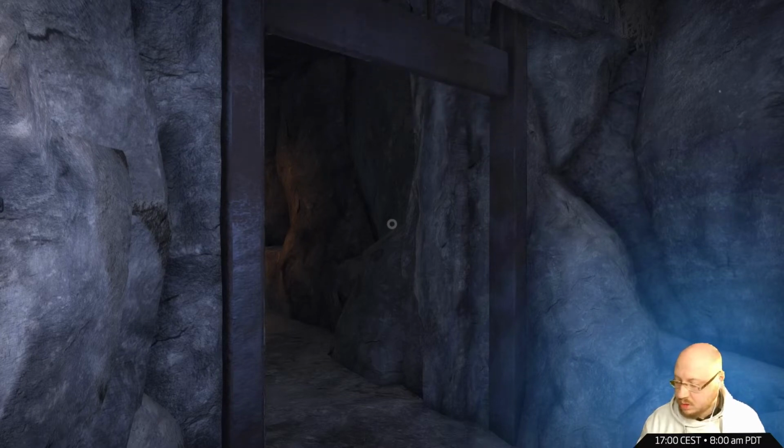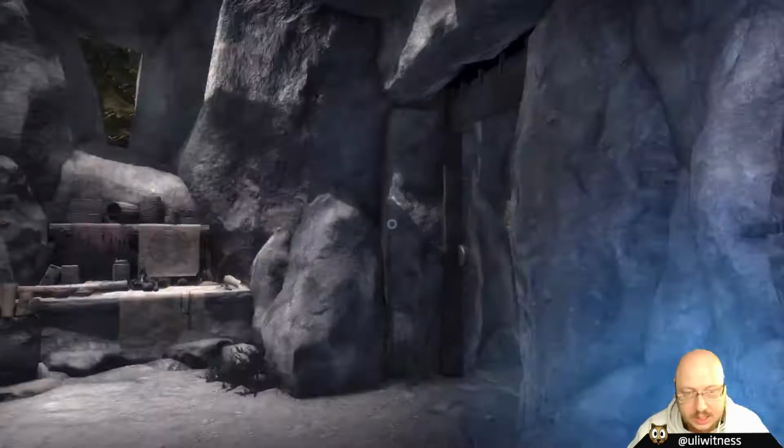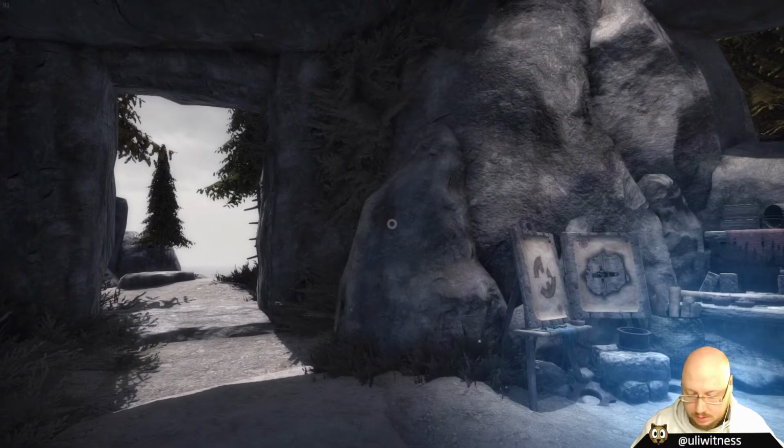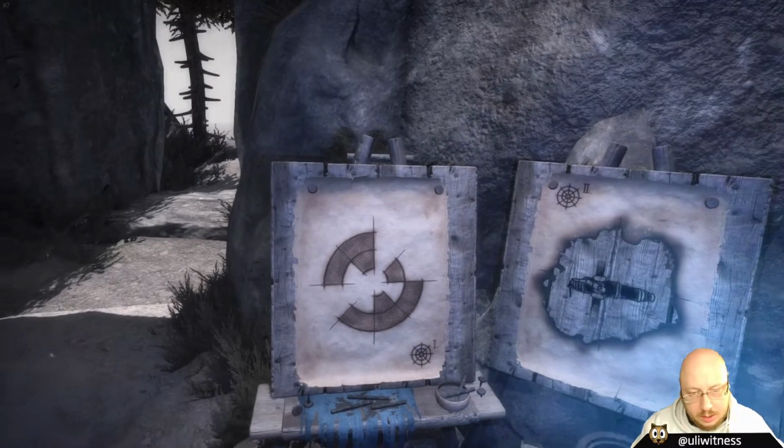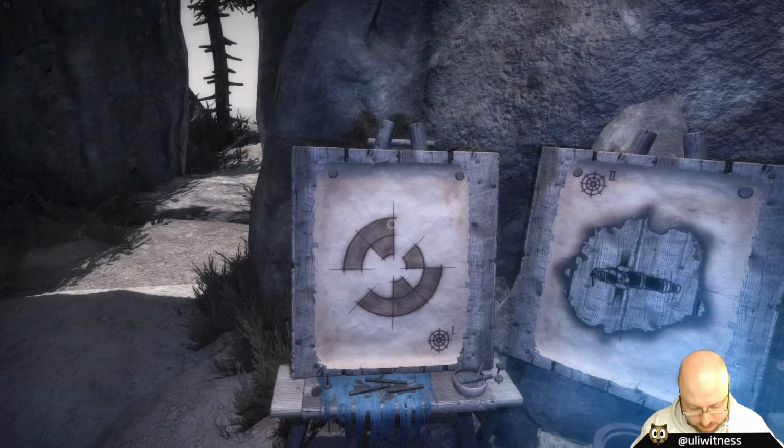I would have had one combination left, I guess. And so let's see. So that was the numbers upside down. And the shape upside down too.